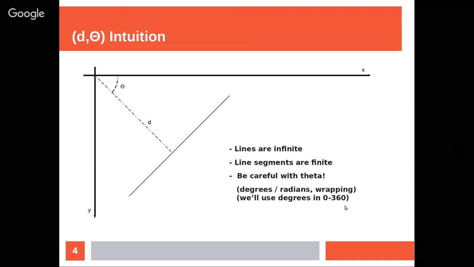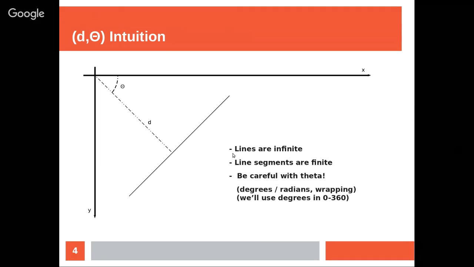For this office hours, we'll use degrees in 0 to 360. There's wrapping of angles, so angles repeat. If you have an angle greater than 360 degrees or less than 0, you can fold that back into the range. This is something that is annoying and devilish all throughout the computer vision classes, working with angles and some of their properties. So this will be good practice for later.